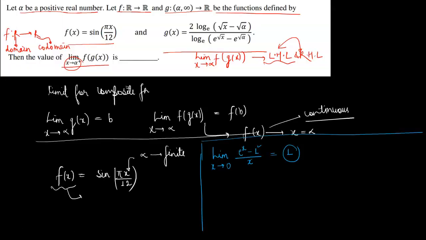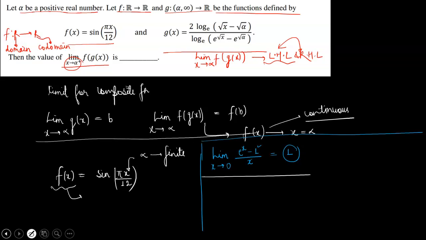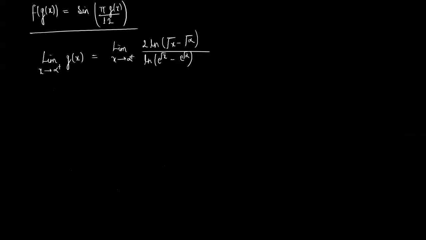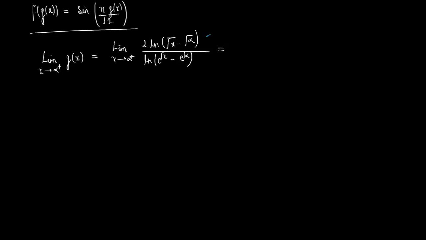I have initially mentioned this concept because I will be using it in between, so no need to think about why this concept came here. So if I put alpha here and alpha here, then we are getting minus infinity and minus infinity. So you may think that this is an infinity by infinity form.